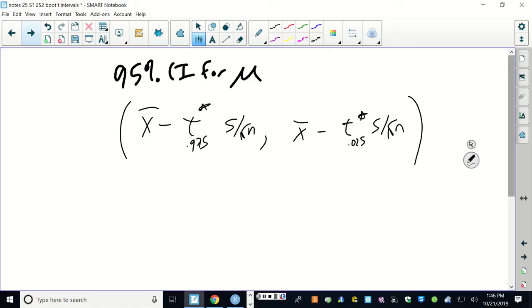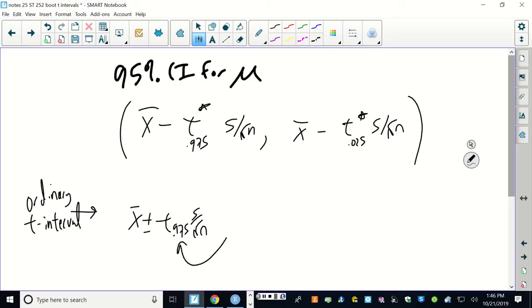When we did the ordinary t interval, x bar plus or minus the t 0.975 times s over square root of n, this is kind of the ordinary t interval. These things came from a t distribution with n minus 1 degrees of freedom.